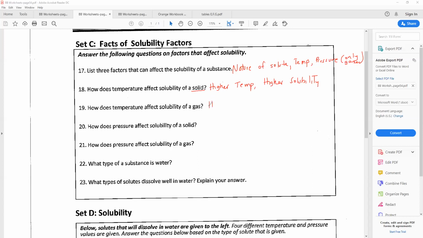As the temperature increases, the solubility decreases. How does the pressure affect the solid? No effect. It doesn't affect. How does the pressure affect the solubility of a gas? As the pressure increases, solubility increases.